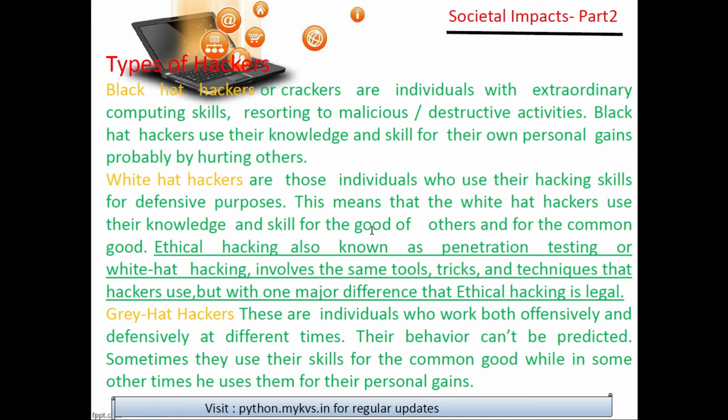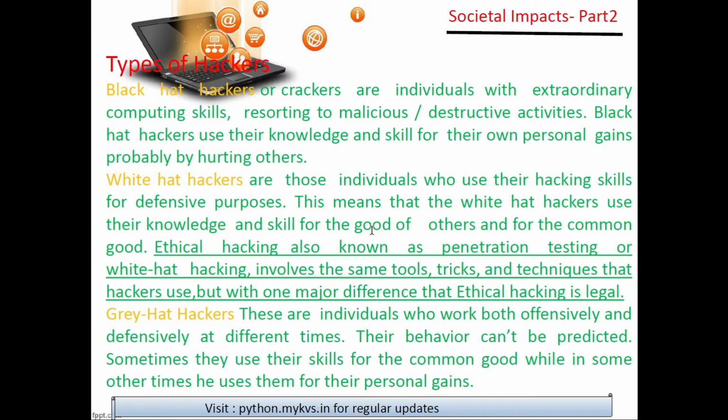Okay, and there are gray hat hackers. These are the individuals who work both offensively and defensively at different times. Their behavior can't be predicted. They are very much unpredictable. Sometimes they use their skills for the common good, while sometimes they use them for their personal gains.